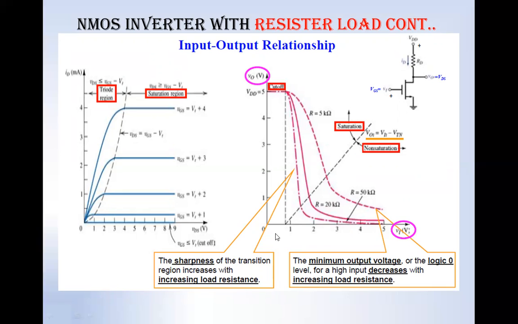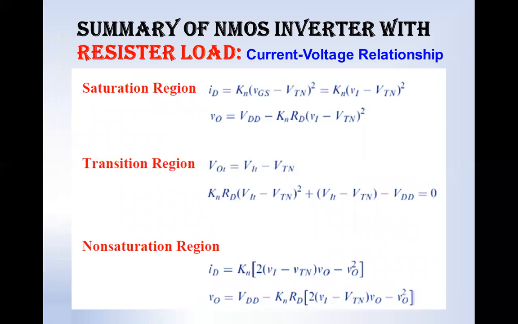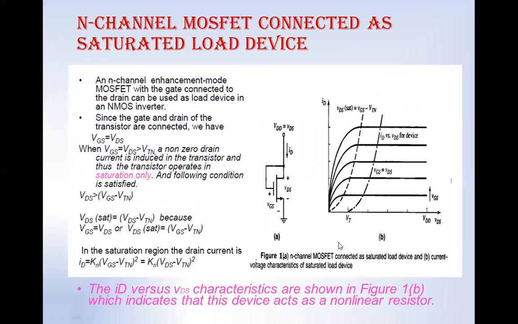So this is related to the NMOS transistor when resistance is used as a load device. And similarly, we can go for the inverter using enhancement mode NMOS one time and depletion mode NMOS one time. These are the final overall relationships between input and output voltage for the NMOS transistor with resistance as load.